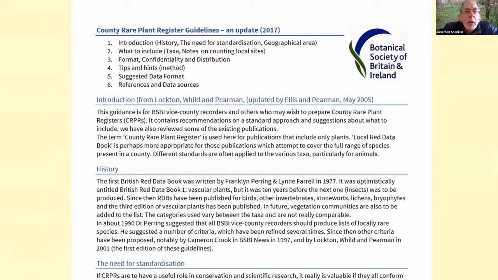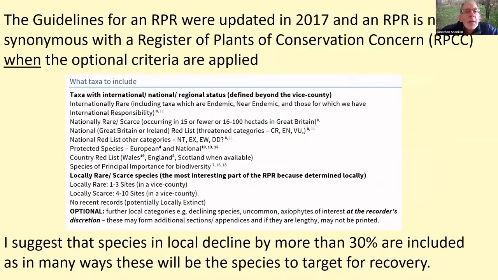And when I first drew up a rare plant register for Cambridgeshire, I'd used the pre-2017 notes on what was supposed to go into it, which largely focused on the rarest species. However, this was revised in 2017 and is definitely worth looking at.